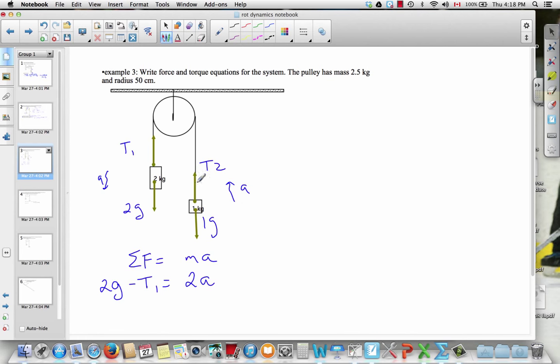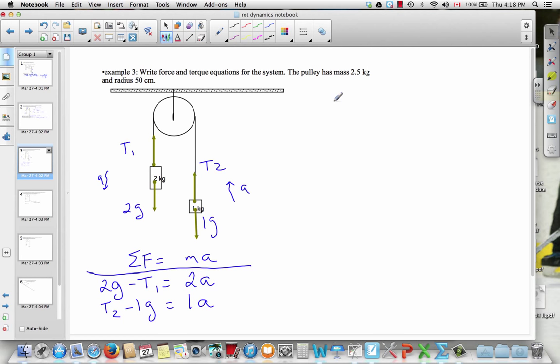So tension 2 has to be bigger than the weight. So the net force is tension 2 minus the weight is ma, which mass? That's 1 kilogram. Now, in our previous physics courses, these two tensions are the same, and we would be done. But when we include the inertia of the pulley, they're not the same, and now we have 3 unknowns, so we can't solve that system yet.